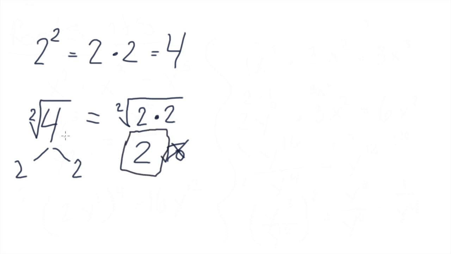Do you notice how the square root of 4 basically reverses the work we did by squaring? That's because square roots and exponents are inverses of each other. So anything that you square, when you take the square root, it will revert it back to its original form.